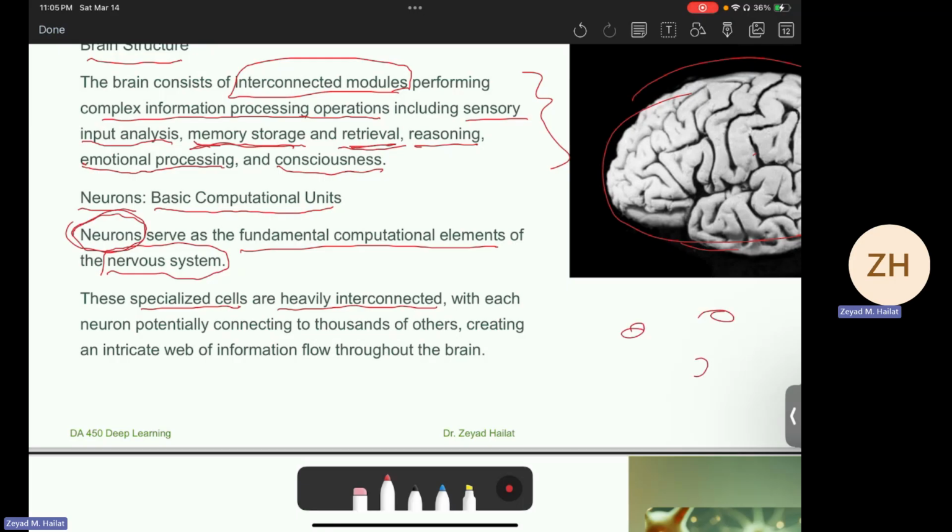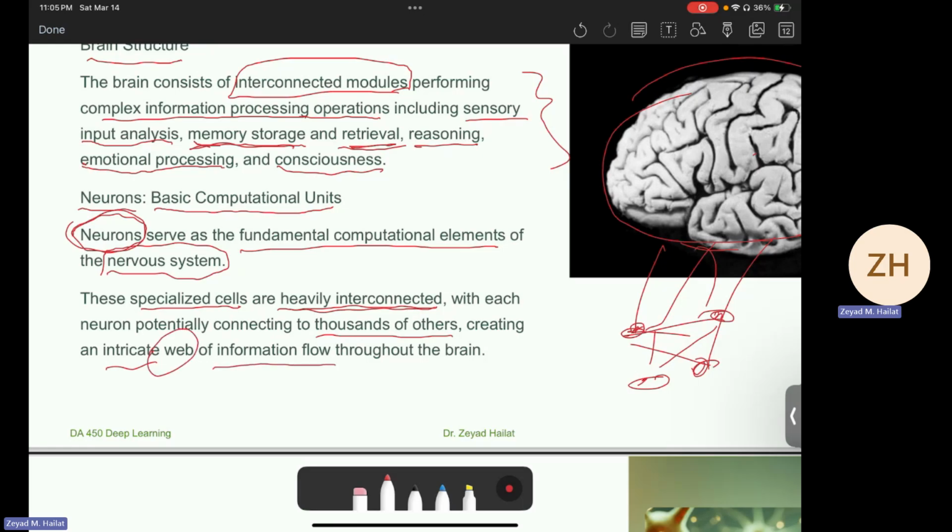If you look at the human neurons, you will see that they are connected to each other and to the brain. They are heavily interconnected, with each neuron potentially connected to thousands of others, distributed across the human body, creating an interactive web of information.